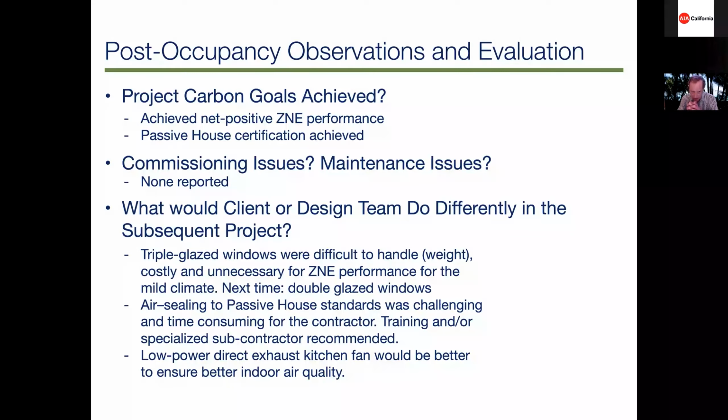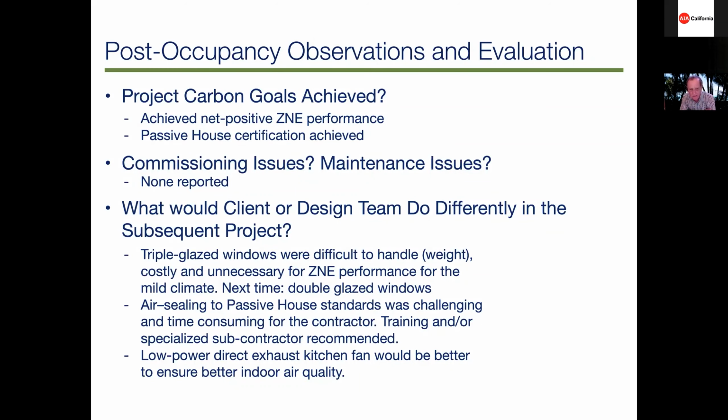He's very glad he did. But when they came on the truck, they were so difficult to handle. It's huge. They couldn't unload the truck, and they did a special lift, and it's not necessary for the energy performance in that climate. And so he's thinking he would live with a few noisy airplanes flying over his house and get double glazed windows, which were much easier to handle.